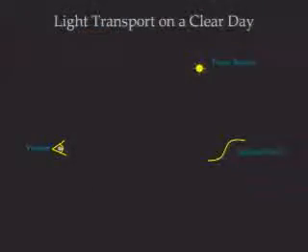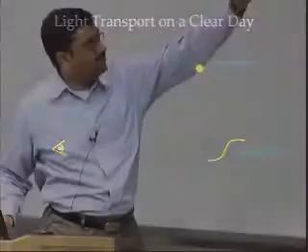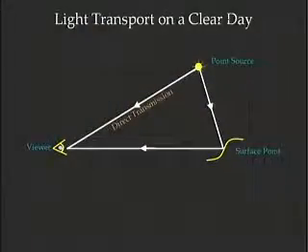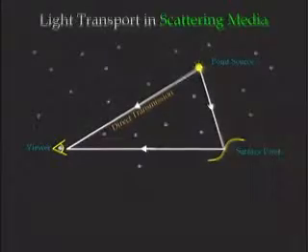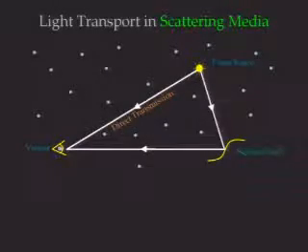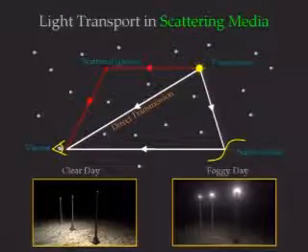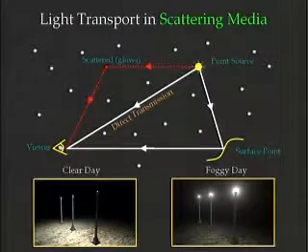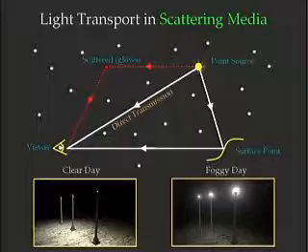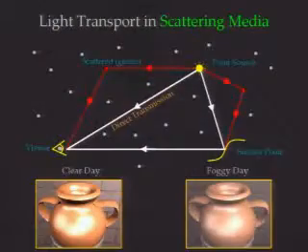So in order to simulate these effects, you not only have to look at the direct rays from the source and the surface, but also because you have a medium which has particles, right? You have light rays getting scattered from different directions and then reaching the observer. And this gives the feel of the glow around the light source, right? So the light rays go somewhere else and then get scattered towards you. So the same kind of mechanism can happen to a surface as well.